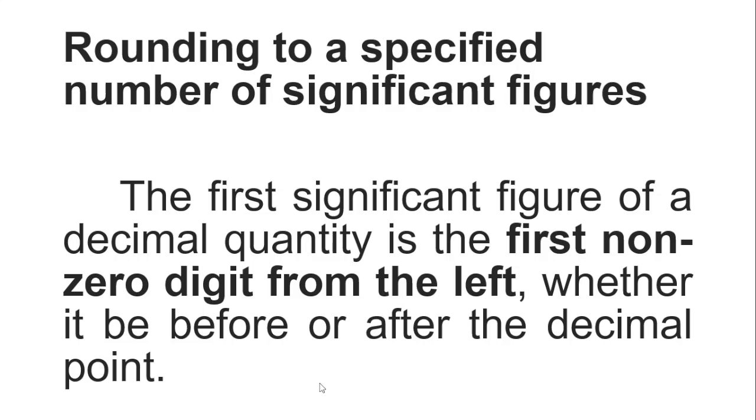If it's 5 or above, you're gonna add 1 to the corresponding number, and if it's below 5, you're gonna keep it as it is.